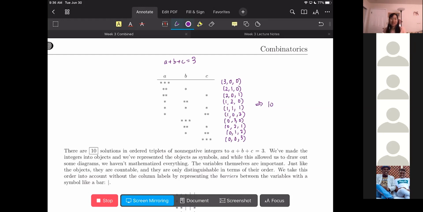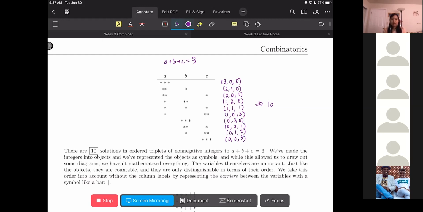So let's think about how we can turn these diagrams into more of a pattern and make that into a combinations problem. Basically, we can think about how the variables are important. We want to distinguish A, B, and C, and the order of A, B, and C matters. What I mean by that is 3, 0, 0 is a distinct solution from something like 0, 3, 0.